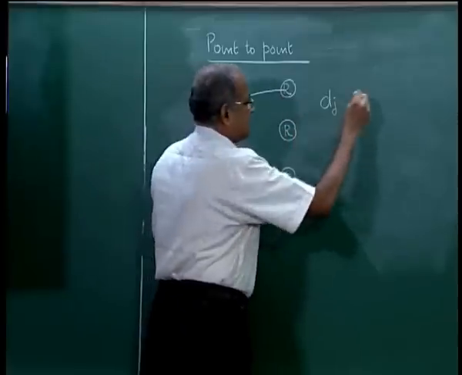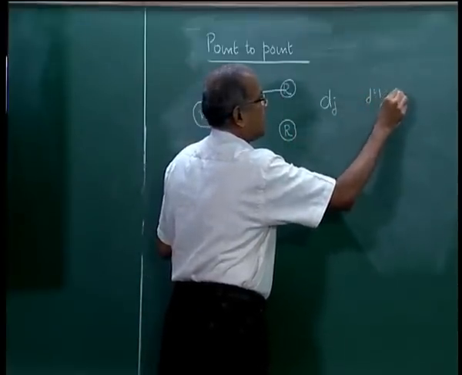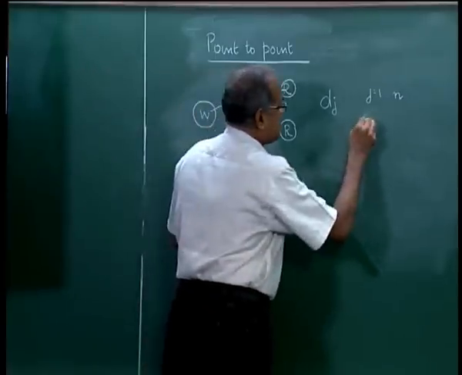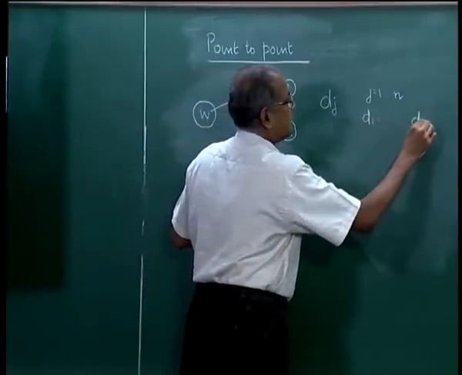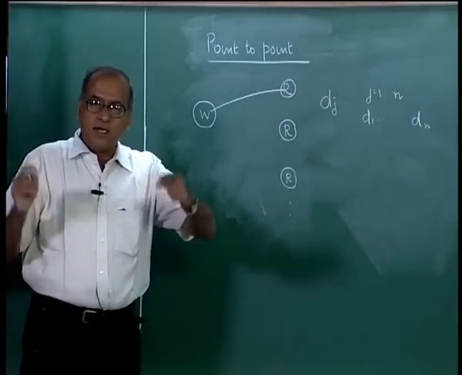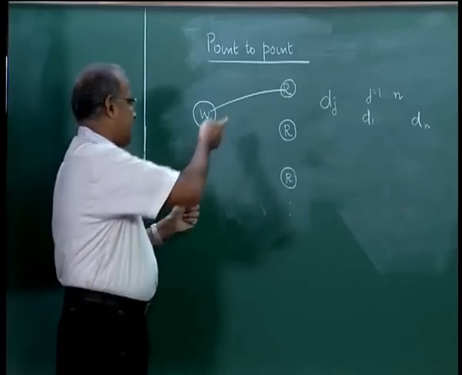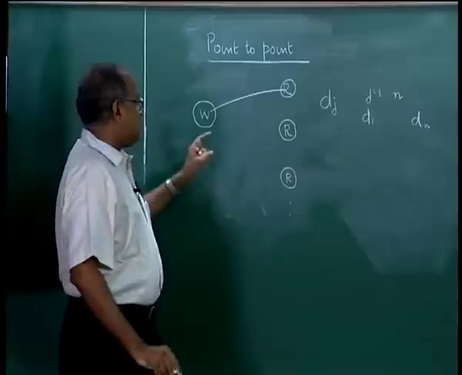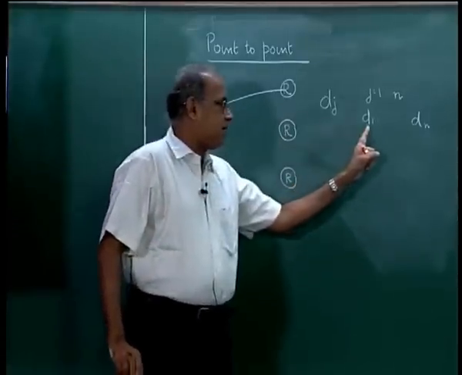Now, if there are j equal to 1 to n retailers, we will have dj values d1 to dn. Now, the total time required, if a single truck has to do it, is the sum of d1 to dn.